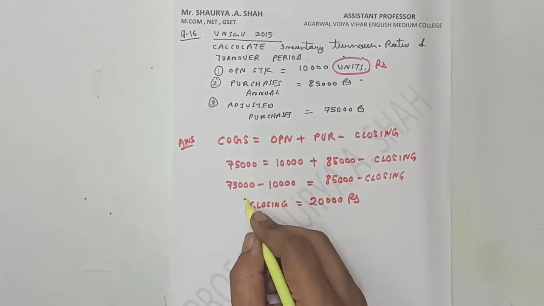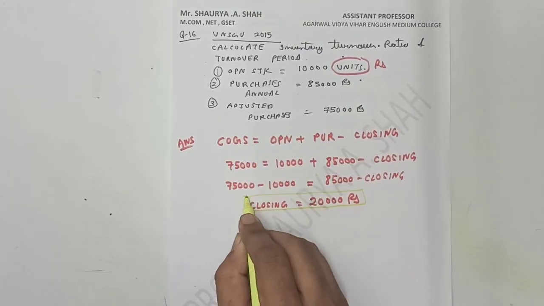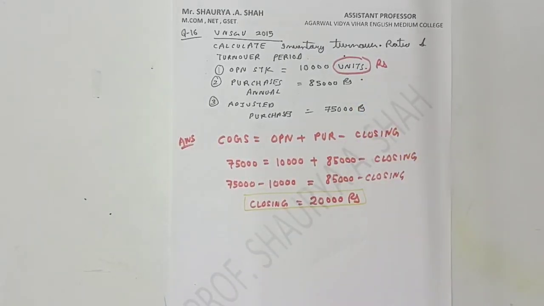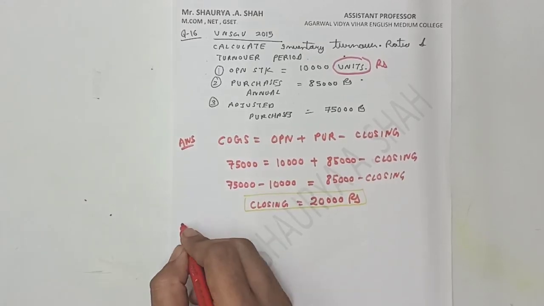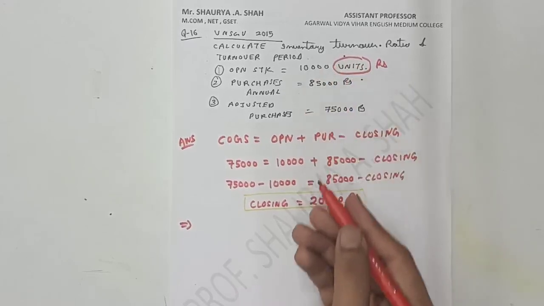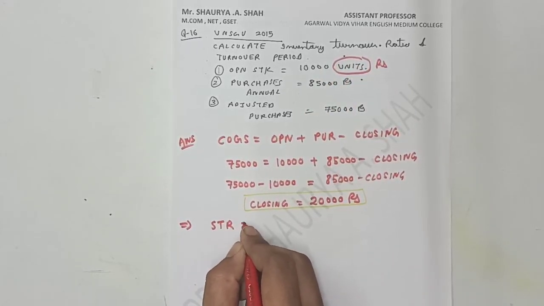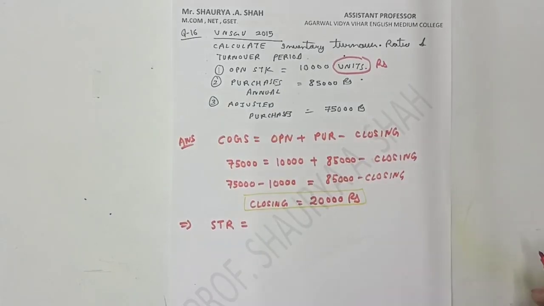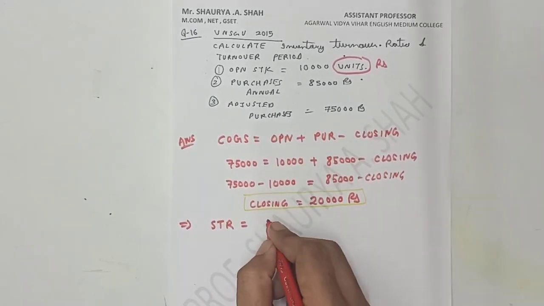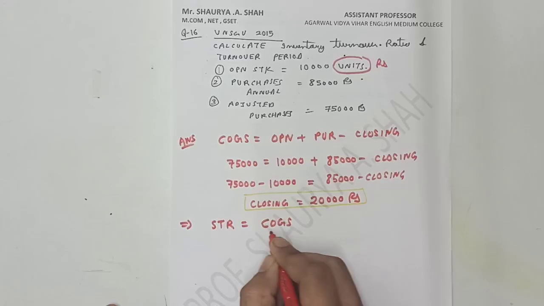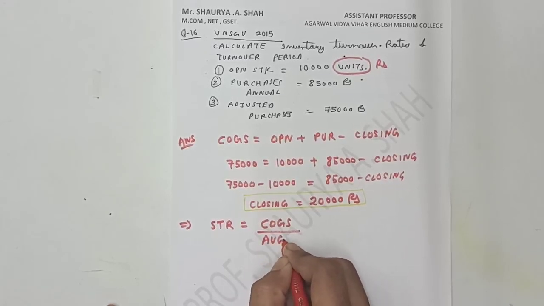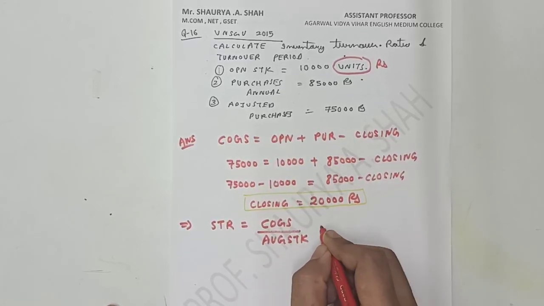Hope it is clear to each and every student. So 20,000 rupees is my closing stock. I can easily get my inventory turnover ratio now. Inventory turnover ratio is nothing but the stock turnover ratio, another name for it. Stock turnover ratio is equal to cost of goods sold upon average stock.